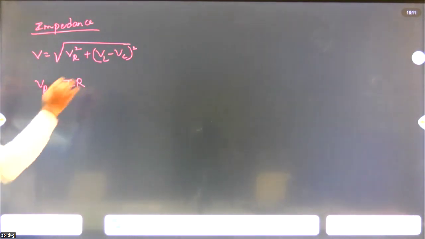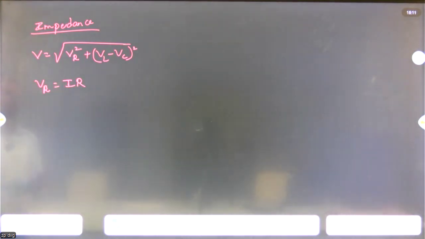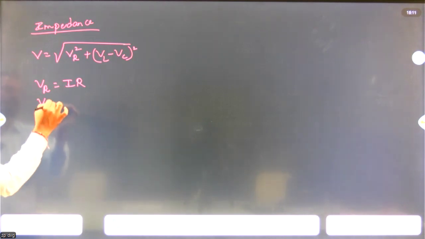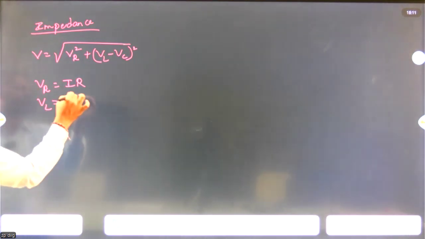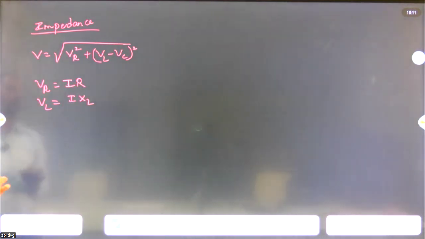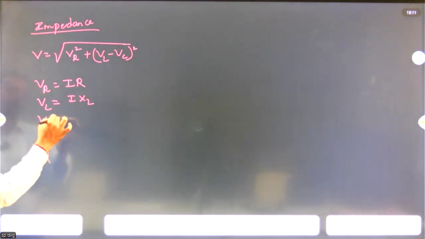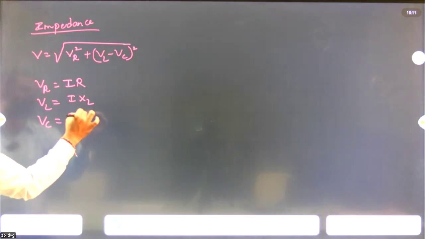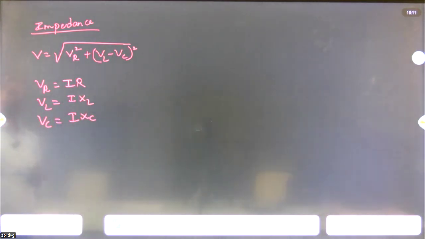Potential difference across the resistor, VR is equal to I into R. Potential difference across the inductor, VL is equal to I into XL. And potential difference across the capacitor, VC is equal to I into XC. Substitute for VR, VC and VL in the above equation.